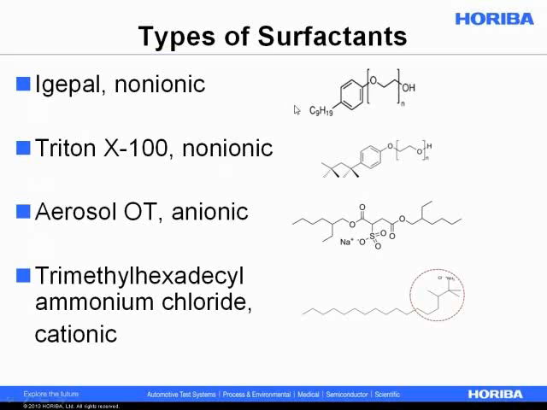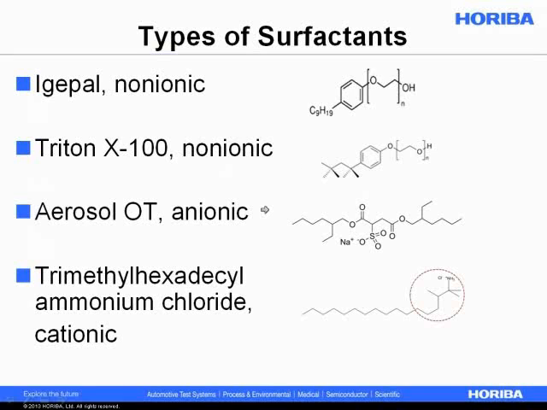I'm just going to give you some examples of what some of these surfactants look like. Most typically we use non-ionic surfactants. I'll explain why in a few slides. So this is just the molecular structure of IGEPAL. And I should remember it's IGEPAL CA-630, I think, is the actual name of what you would go search for. Triton X-100 we use a lot.